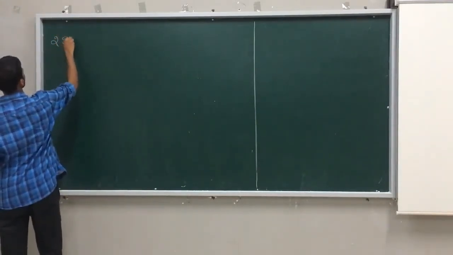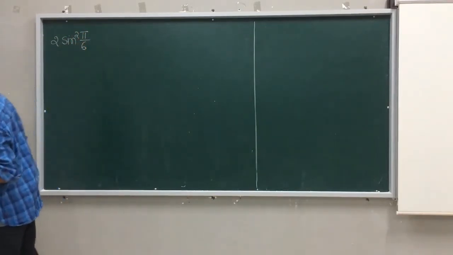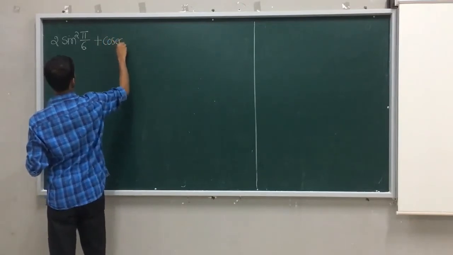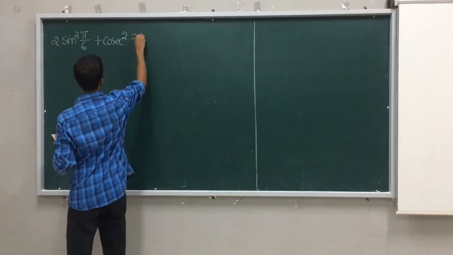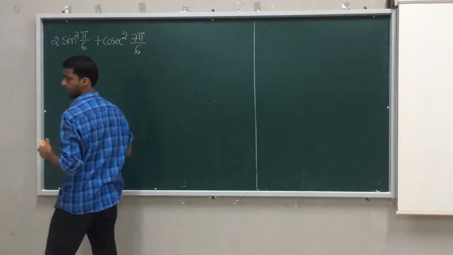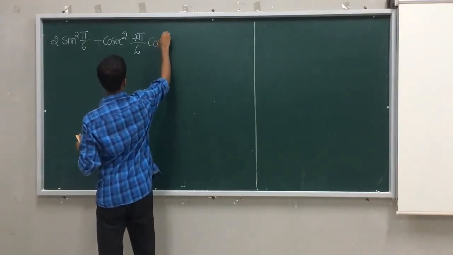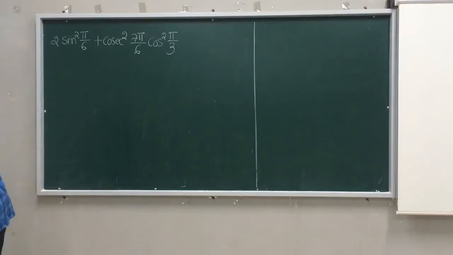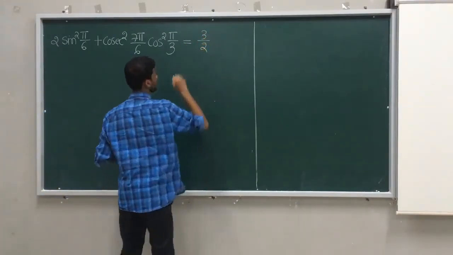2 sin square pi by 6 plus cosec square 7 pi by 6, into cos square pi by 3 is equal to 3 by 2.